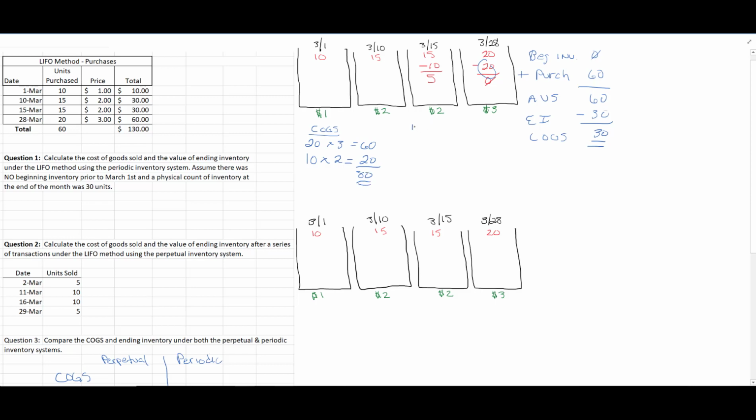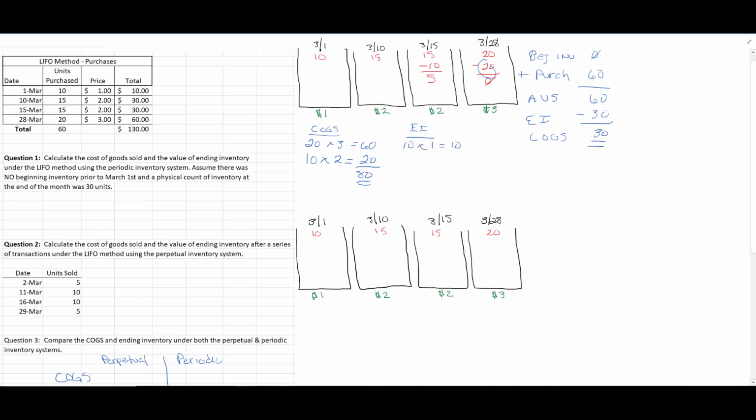So if we look at our ending inventory now, we can see that we have 5 units here, 15 units here, and 10 units here. If we start with our first bucket, we have 10 units, March 1st at $1 a unit. That's valued at $10.